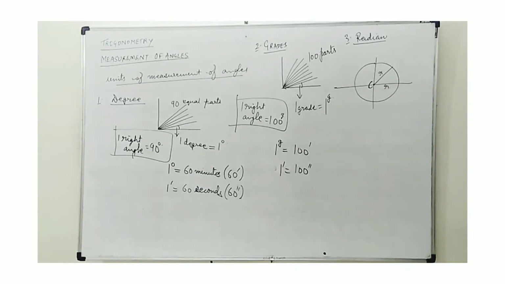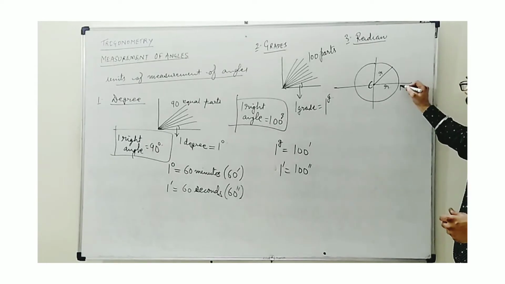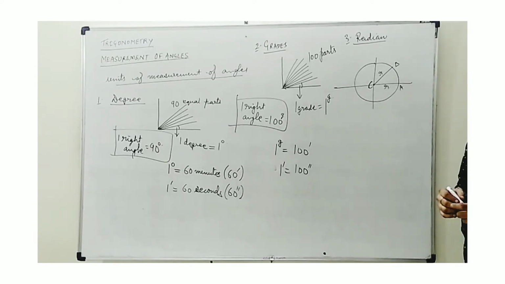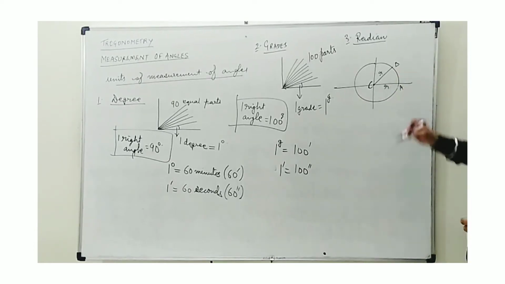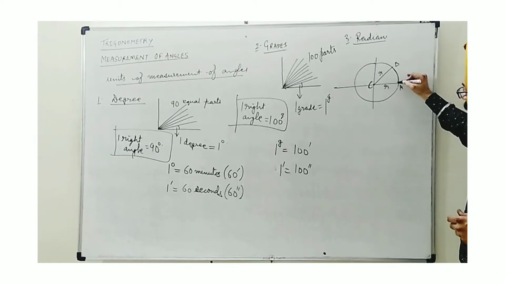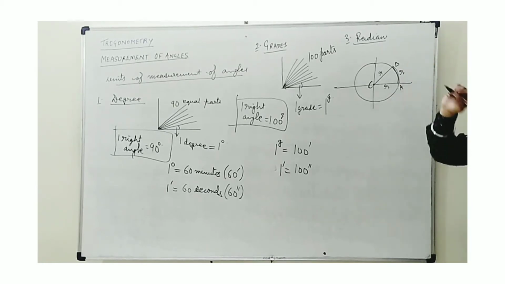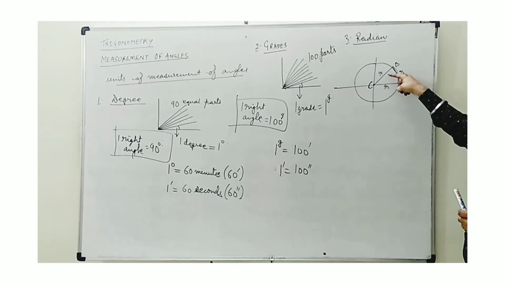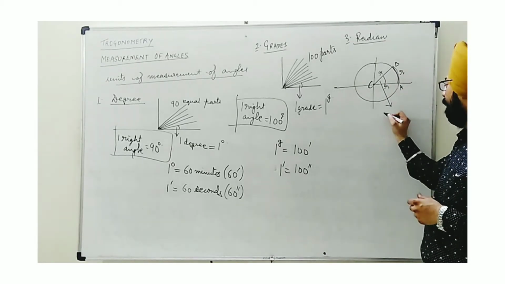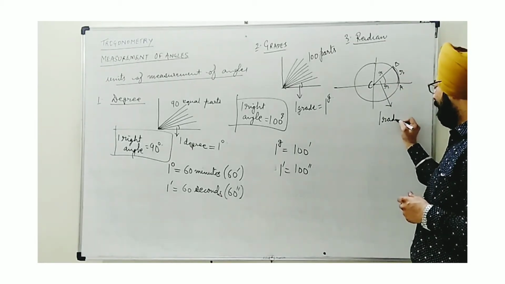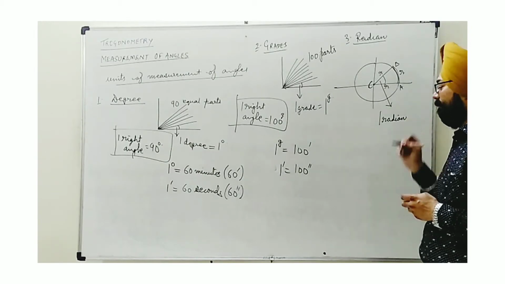I mark two positions of the radius, suppose CA and CB, in such a way that the length of the arc AB is also equal to the radius. In this situation, the angle between these two positions of the radius is known as 1 radian.